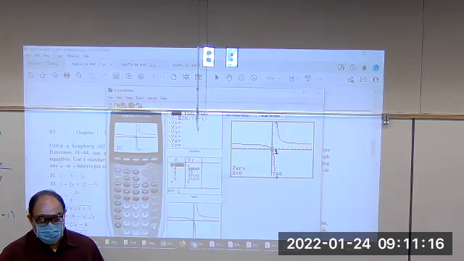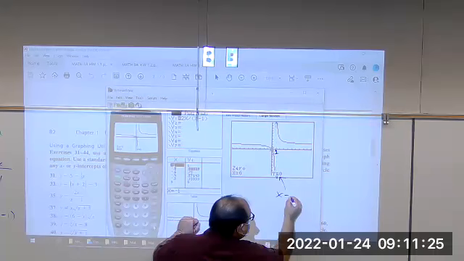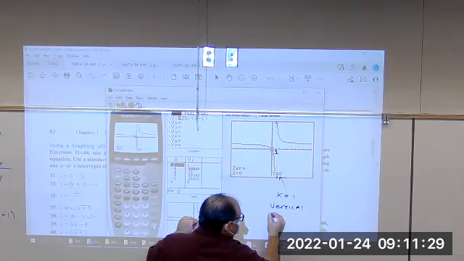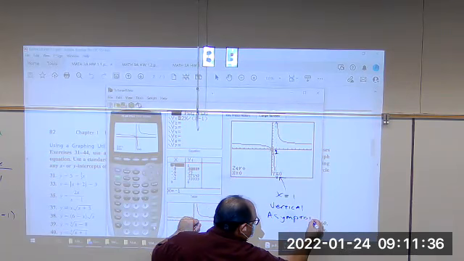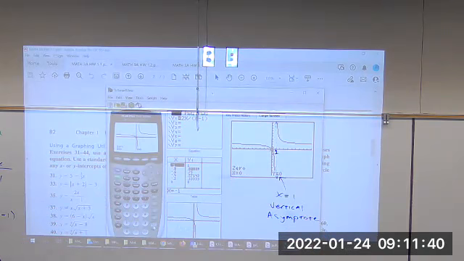A vertical asymptote. This right here, at x equals 1, is the vertical asymptote.